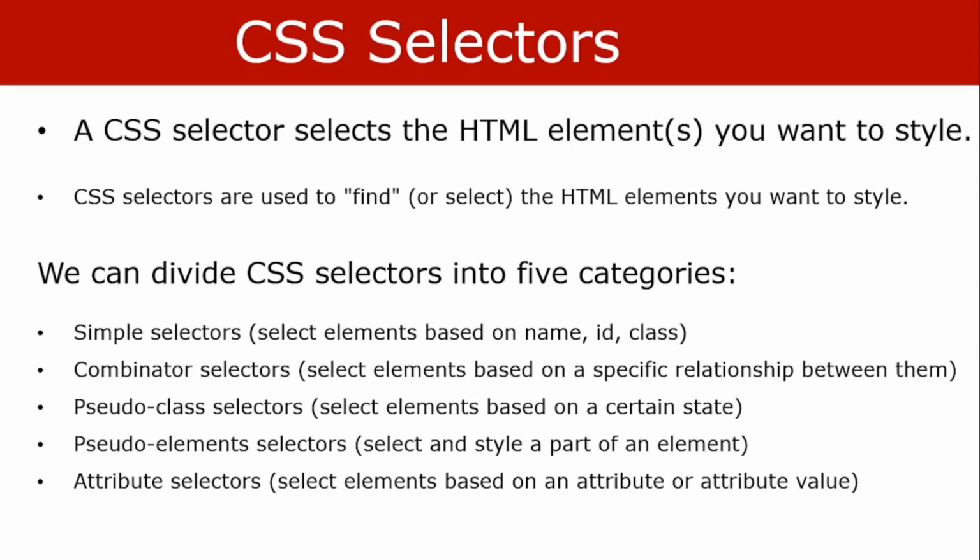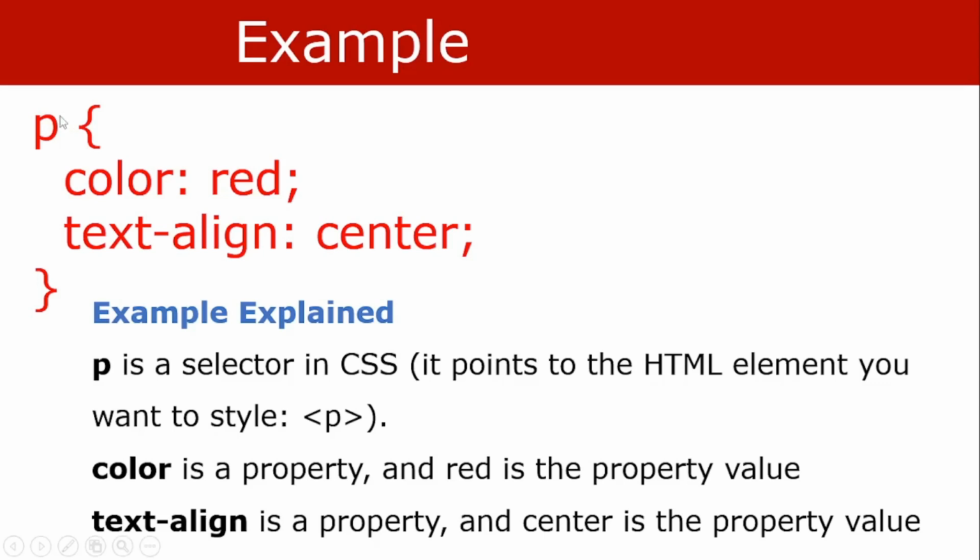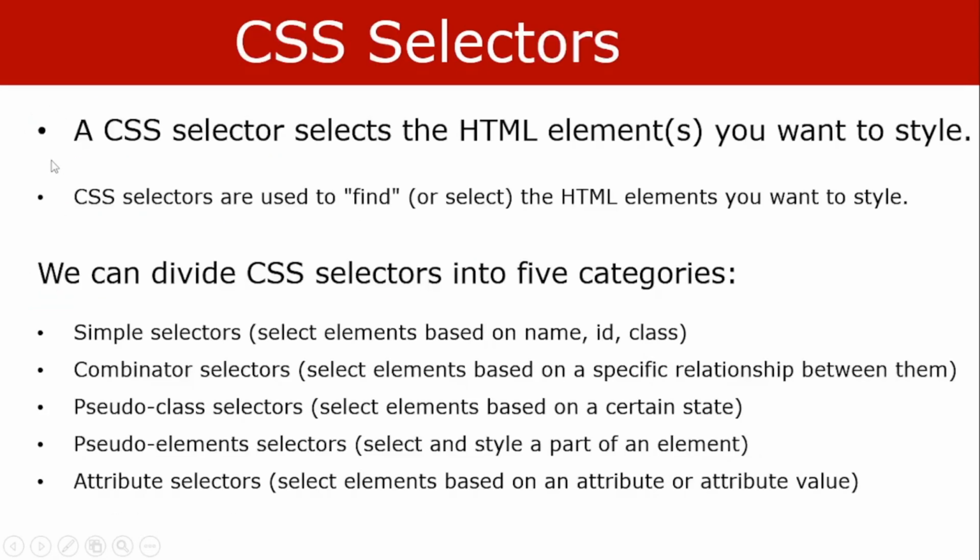The first category is simple selectors. Simple or basic selectors select elements based on name, ID, or class. For example, this one is a simple selector using the tag name.